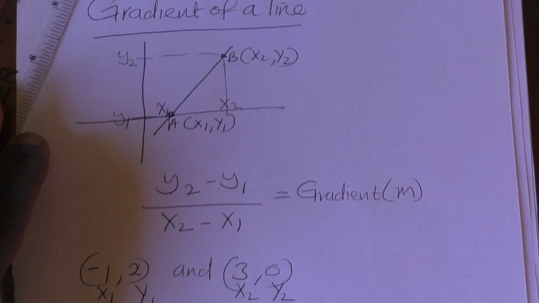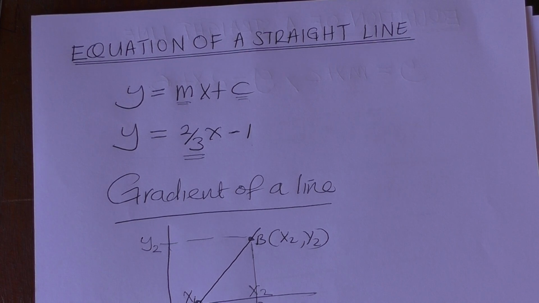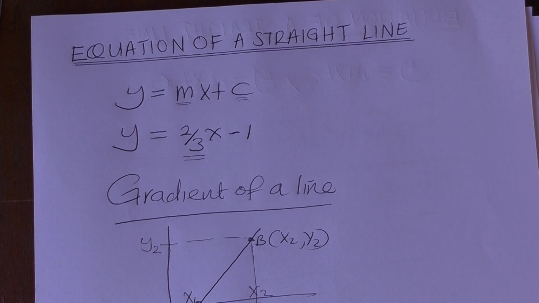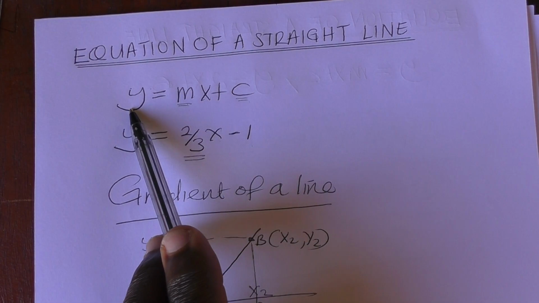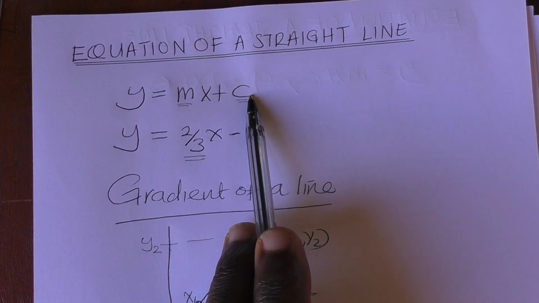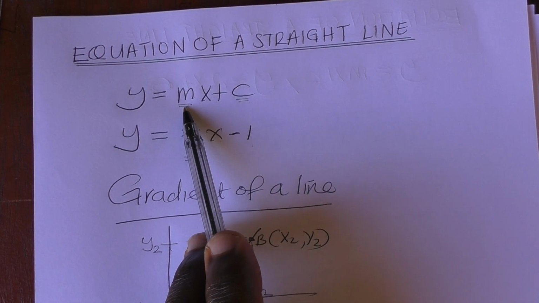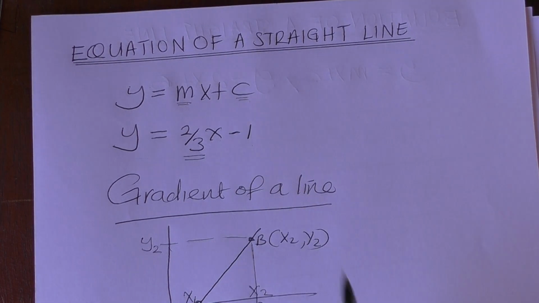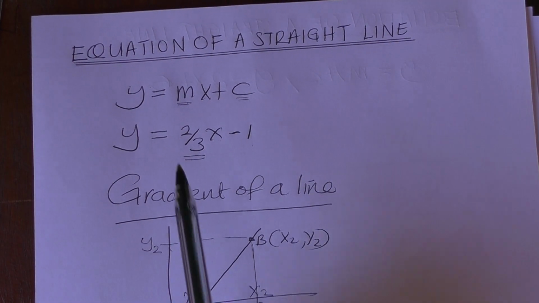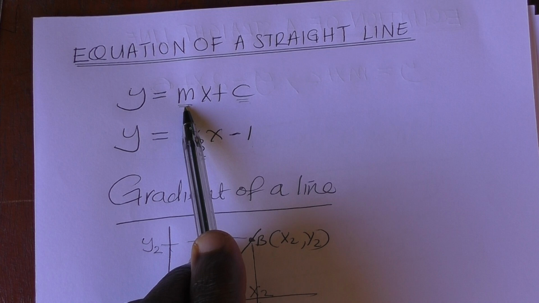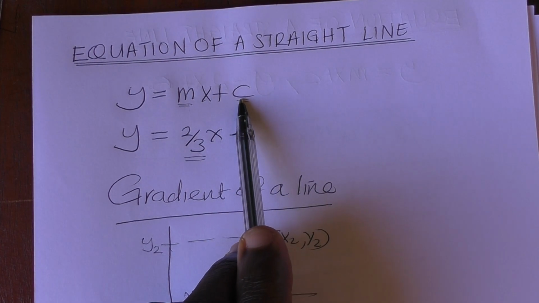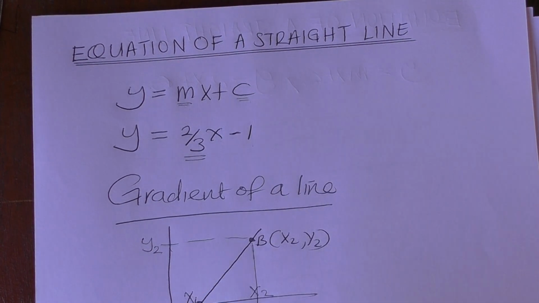Then, after getting the gradient, remember we are finding the equation of the line, which is in the form of y equals mx plus c, where m is the gradient, c is the y-intercept. So, we have the gradient. Now, our task is to find the y-intercept.